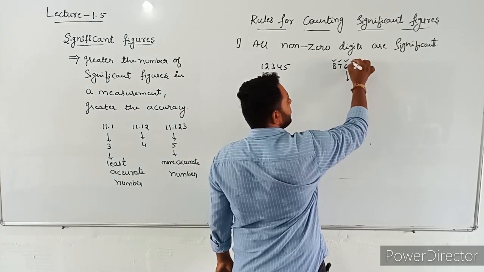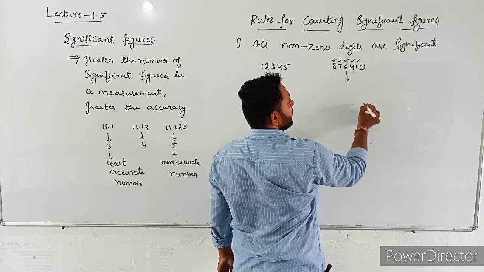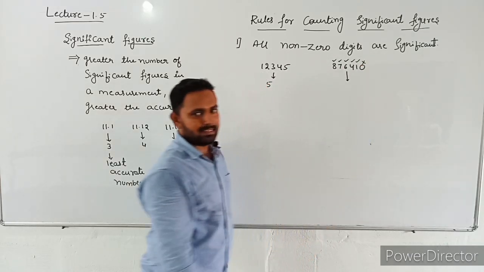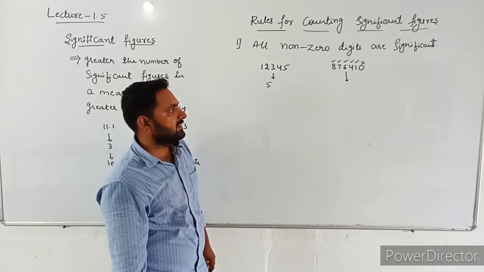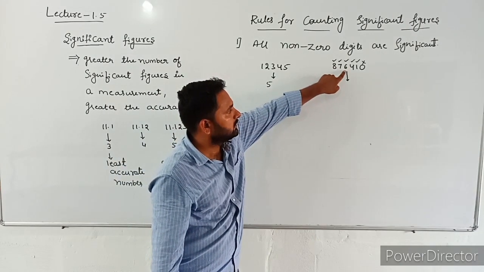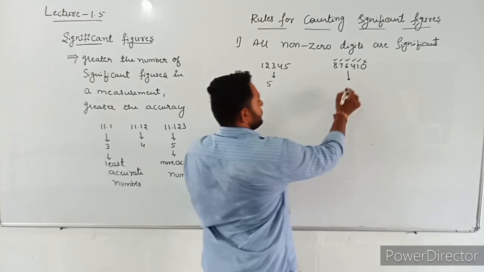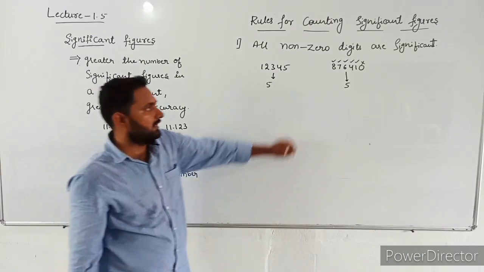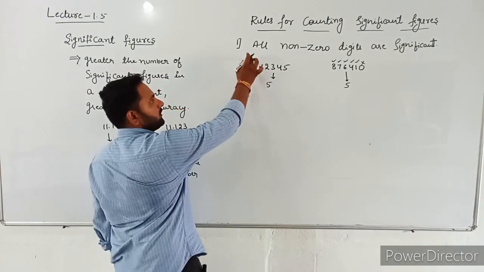This is also significant. It is zero, that's why it is not significant. Now count how many significant figures are present in this number: 1, 2, 3, 4, 5. There are 5 significant figures present in this number according to the first rule.